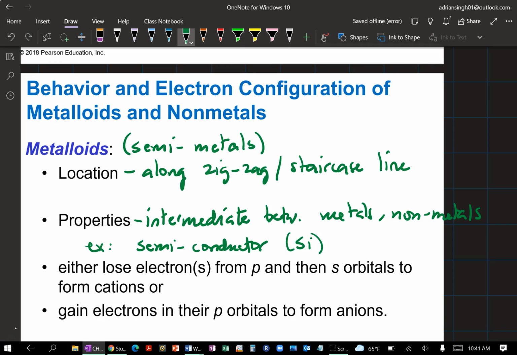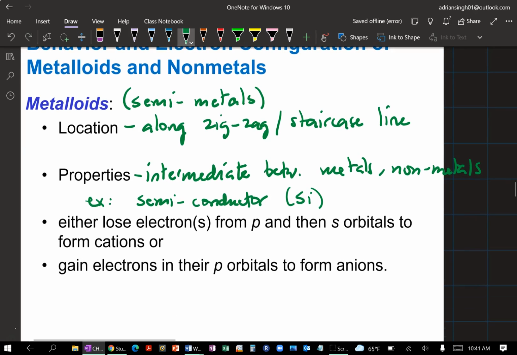Right, and that's used in a lot of electronic devices. So there are a couple of things that metalloids can do to become more stable. They can either lose electrons from the p and then the s orbitals to form cations, or they can do the opposite. They can actually gain electrons to form anions, which are negative ions.